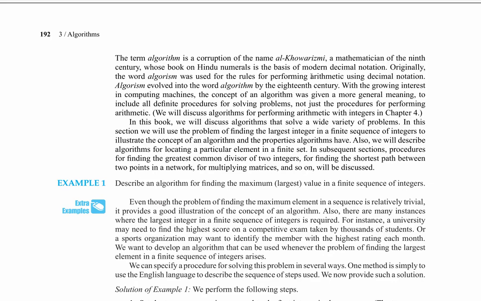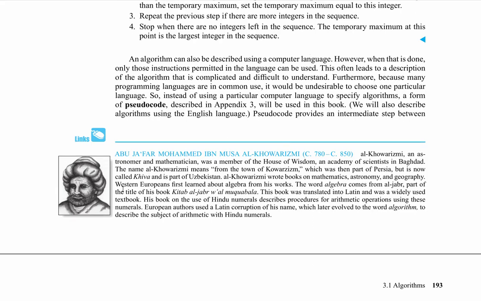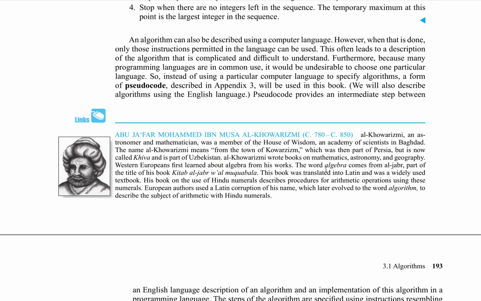Here he is, originally from Uzbekistan. Way back in the 9th century, he was working on algorithms. He was also doing algebra. The word algebra comes from the title of his book, Algebra.